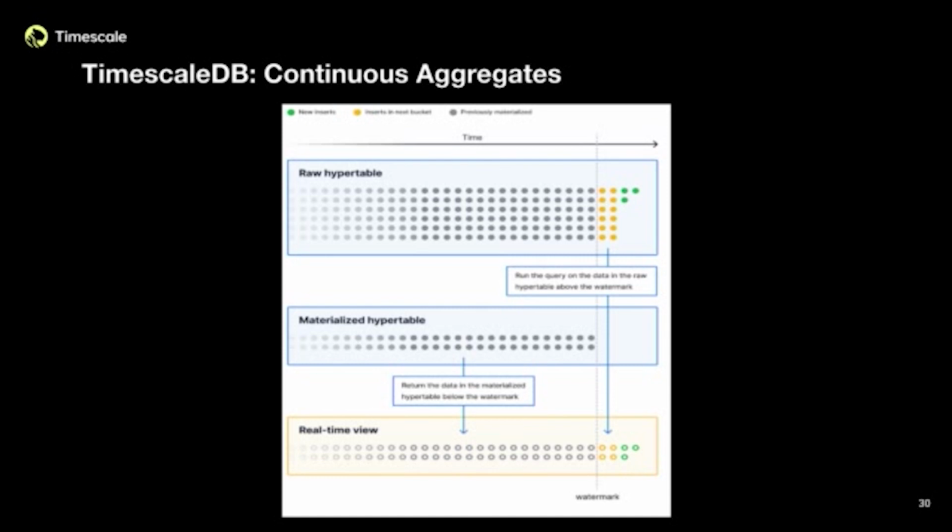It means that we read the data from the past of the watermark from the materialized table, the materialized data, and after the watermark, the real-time part of the data from the original hypertable.